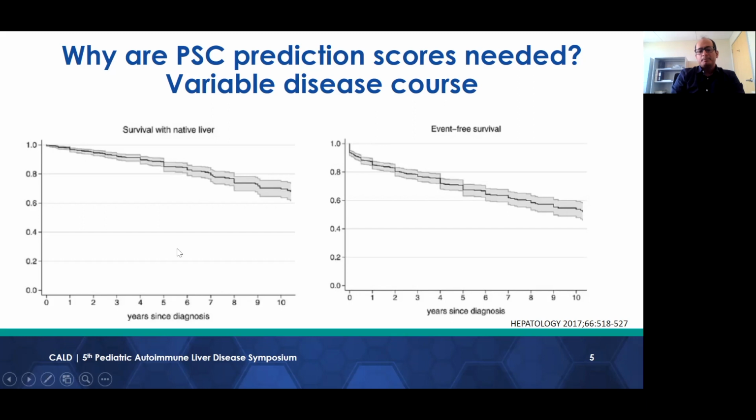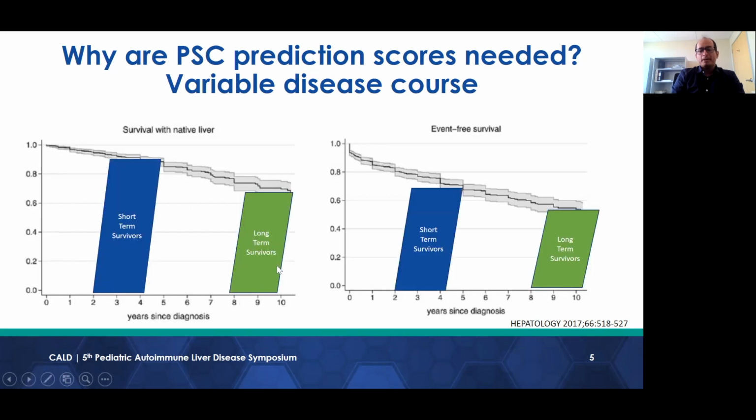So our ability to predict short-term and long-term survivors with native liver or without a hepatobiliary complication may help us understand disease progression better and have better conversations with our parents and patients in clinic.